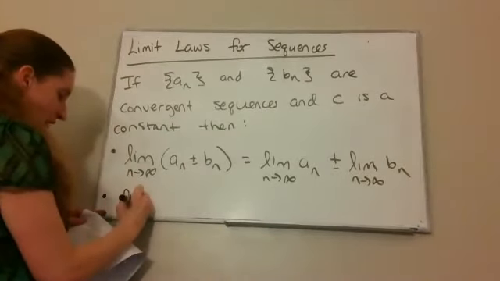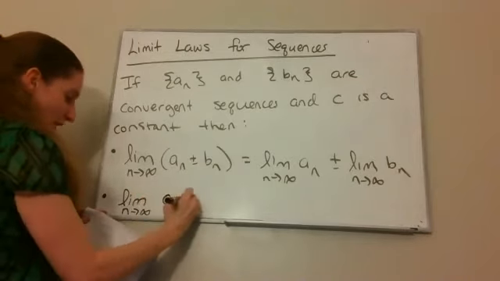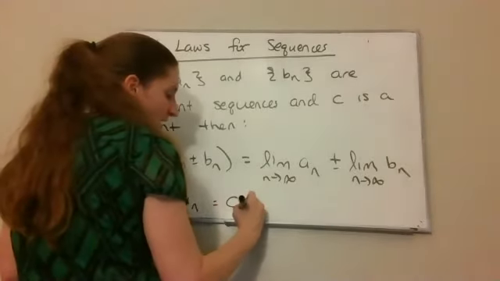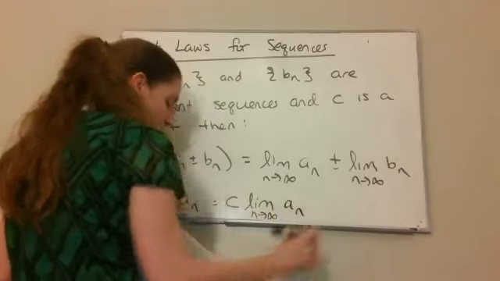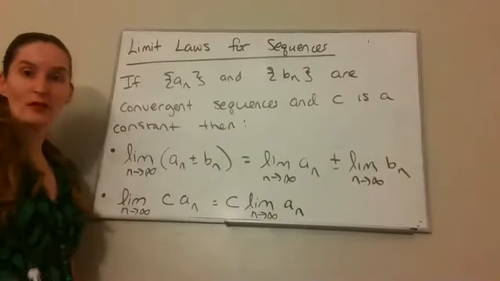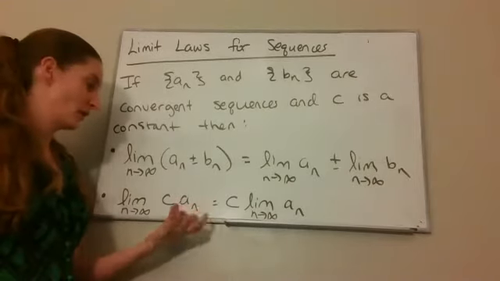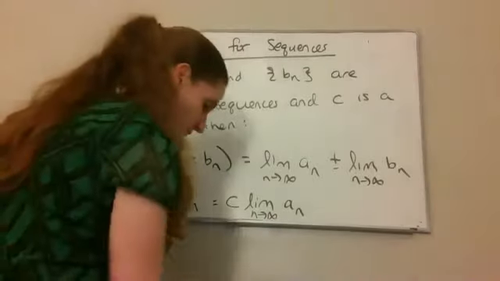My next limit law, the limit as n approaches infinity of a constant times my a_n is equal to that constant times our limit of a_n. That should look very familiar from Calc 1 as well. If you just multiply by a number, that number can be pulled outside of the limit.